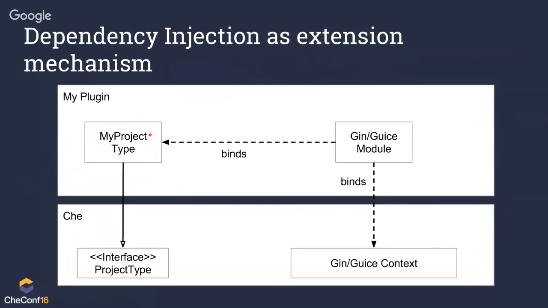And now we have to register our implementation of a project type for the platform. For that, the standard dependency injection mechanism of Gin or Guice is used, Gin on the client and Guice on the server. So we bind our implementation into the dependency injection context, and from there it can be picked up by Che to show, for example, our project type in the creation menu.